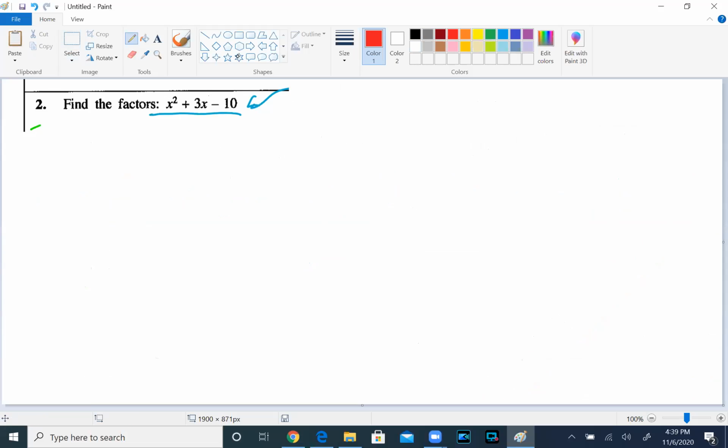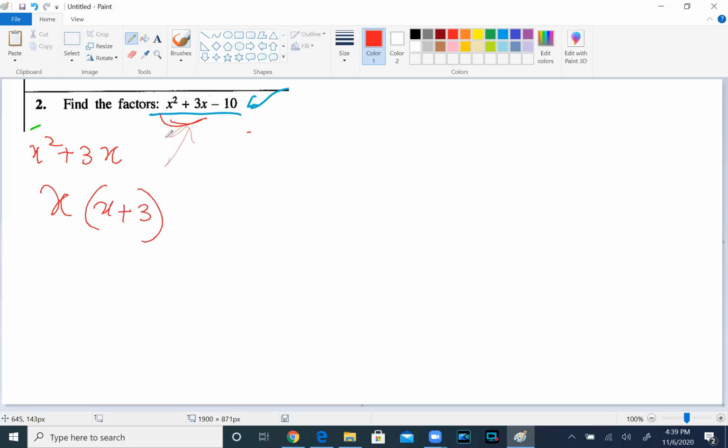When we see a trinomial expression, factorization is just taking the common factors out. If they give you only x square plus 3x, then it is very easy to take x as common, and x plus 3 will remain.